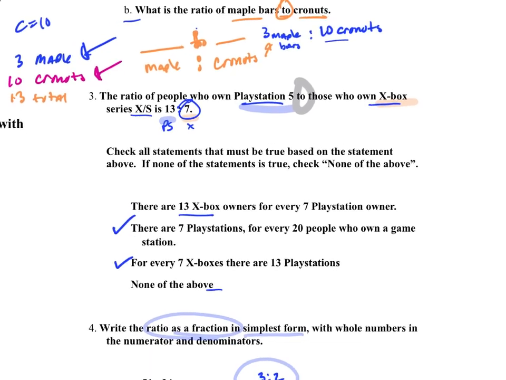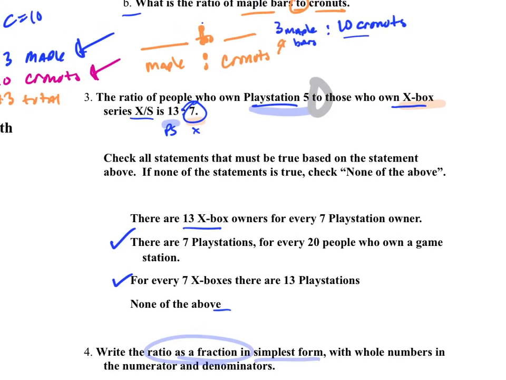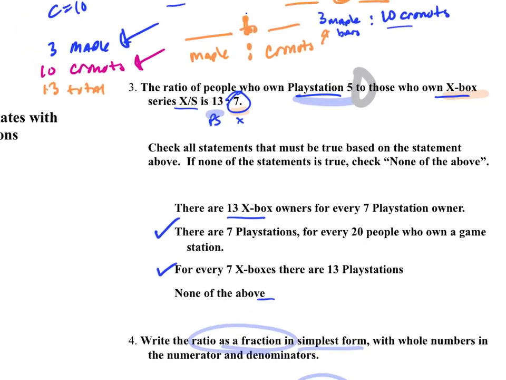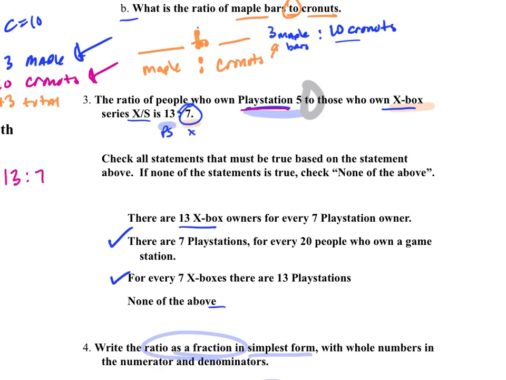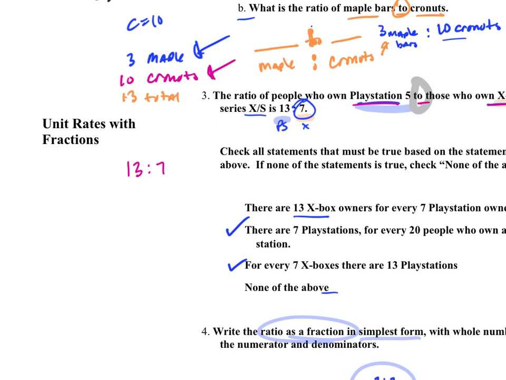Okay, so now the tricky part of this one is just paying attention. So in class, I showed you, look, just write out the ratio. You've got 13 to 7, and they're saying PlayStation to Xbox. So that means if it's 13 to 7, this is our PlayStation, this is our Xbox, right?